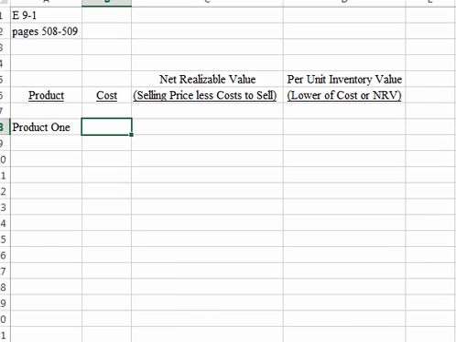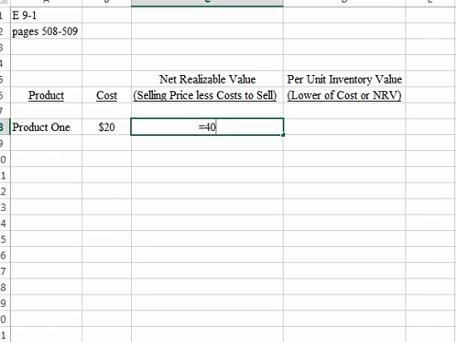The cost for Product 1 is $20. The net realizable value would be the selling price of 40, minus the cost to sell of 6, so that's 34.